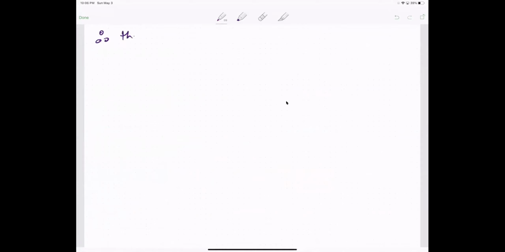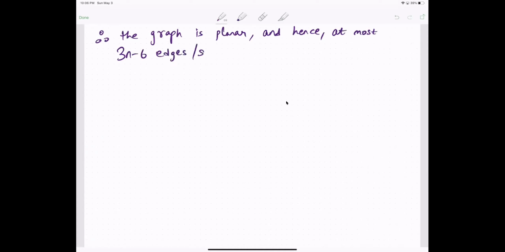And this is a standard property of planar graphs that I'm going to use now. The property of a planar graph is that there won't be too many edges in it. Intuitively, because you can't allow intersection of the segments, it cannot have too many edges. And hence, at most 3n minus 6 edges or segments.